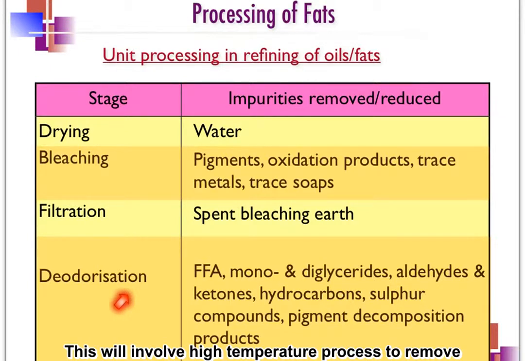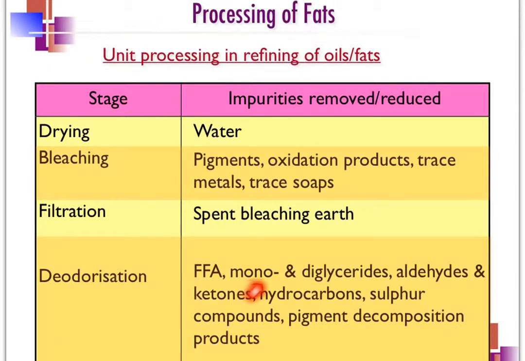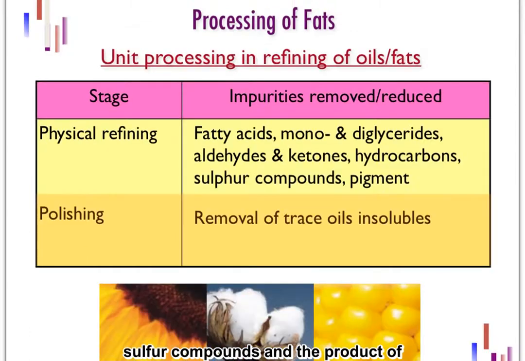This will involve a high temperature process to remove the volatile fatty acid down to a very low level, and also to remove some residual mono and diglycerides and other small compounds, aldehydes and ketones, hydrocarbons, sulfur compounds, and the products of pigment decomposition from the oil.